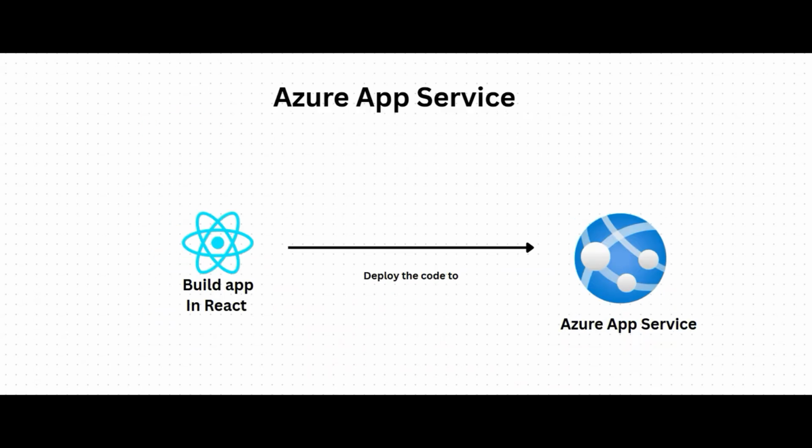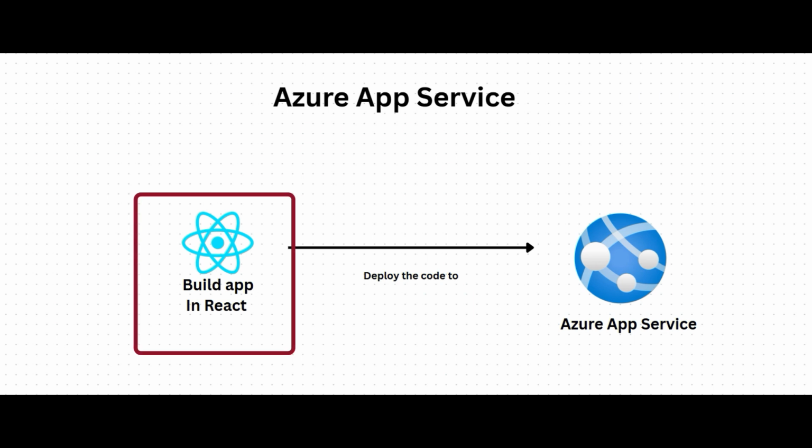So now let's talk about Azure App Service. Basically, Azure App Service is a fully managed web hosting platform that lets you quickly deploy your website without worrying about the infrastructure setup. Again, let's try to understand with an example. Let's say you have built a full stack app using React plus Node.js for your clothing store.